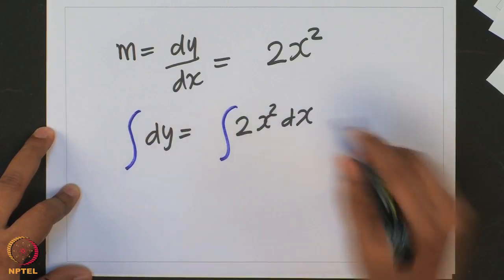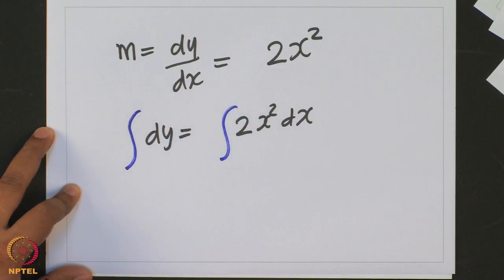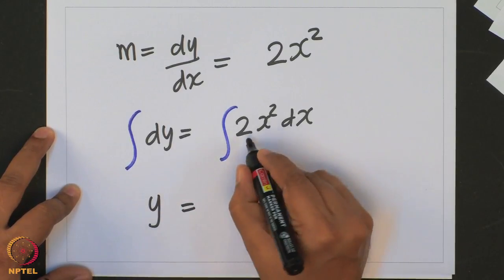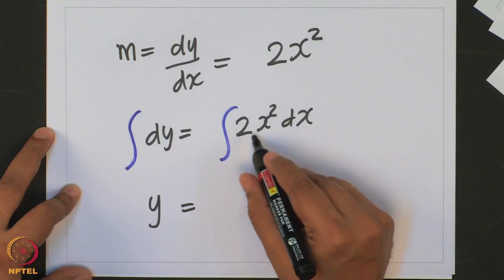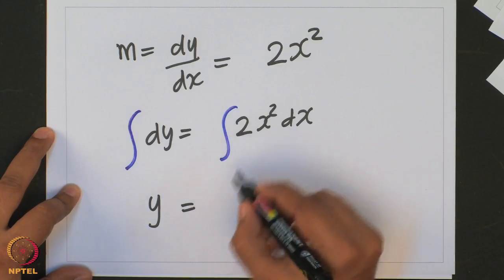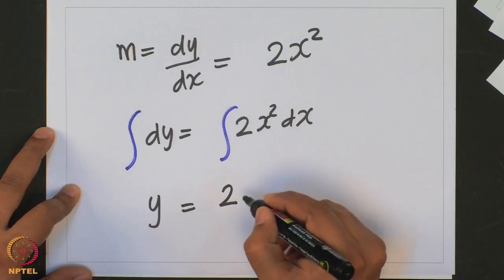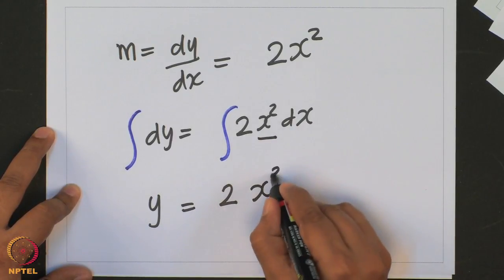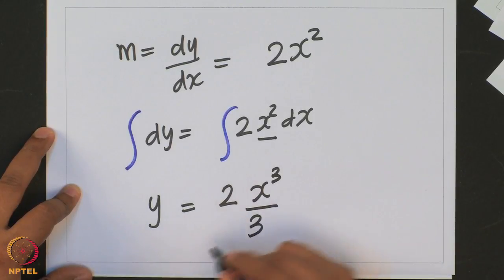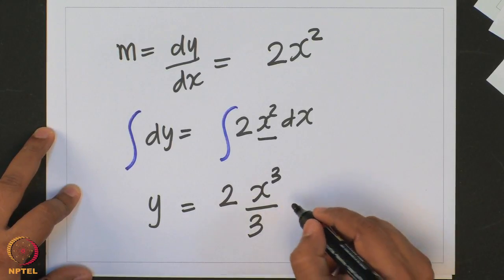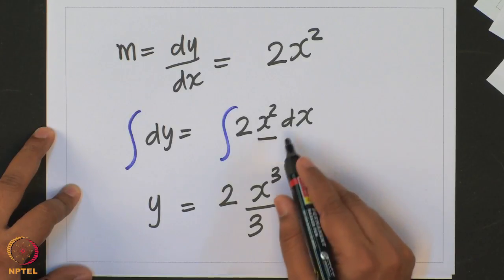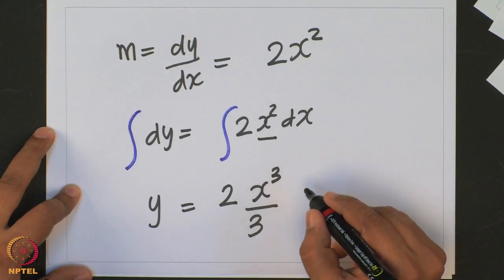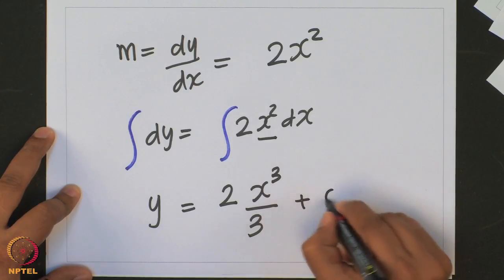Integration of dy is y. Integral of 2x square, I can take this 2 as a constant. The constant I can take outside. And then I can find the integral of x square, which is x cube divided by 3. And integral of dx is 1. And this is plus a constant.